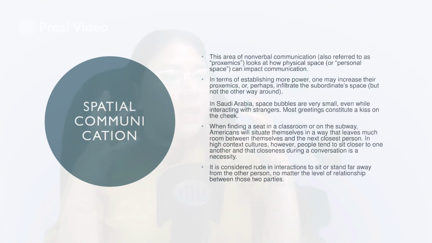All right. So here, spatial communication is how physical space can impact communication. Physical space. This is us. Okay, me myself. So this is my physical space. Sometimes, for us Malaysians, it depends on who we would like to interact with on that particular day.